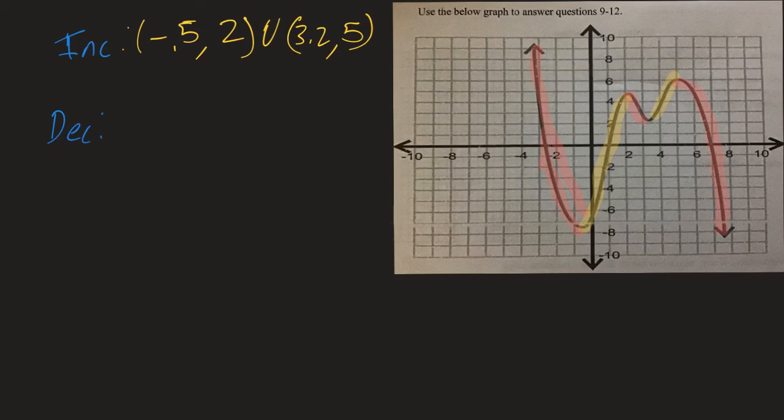So let's see where we're decreasing. The first thing I see is the arrow. So it's starting from negative infinity, and it looks like it's going down to that negative 0.5, where I'm going to turn and go upwards again. Then from that 2 until my 3.2, I am decreasing some more.